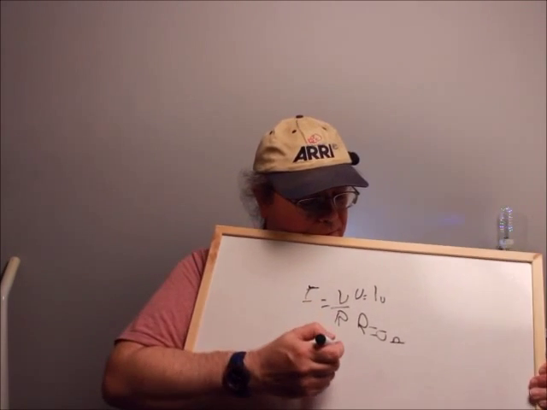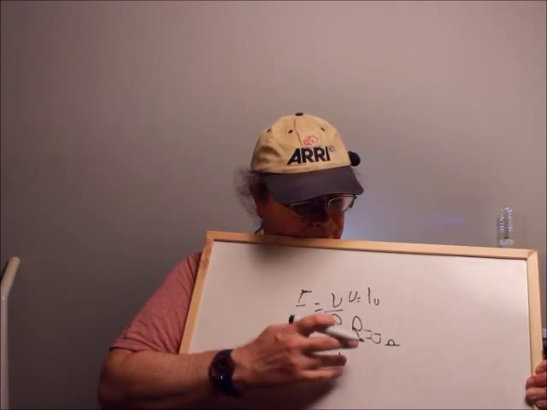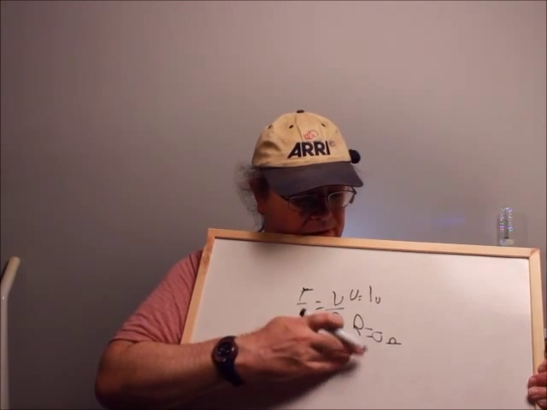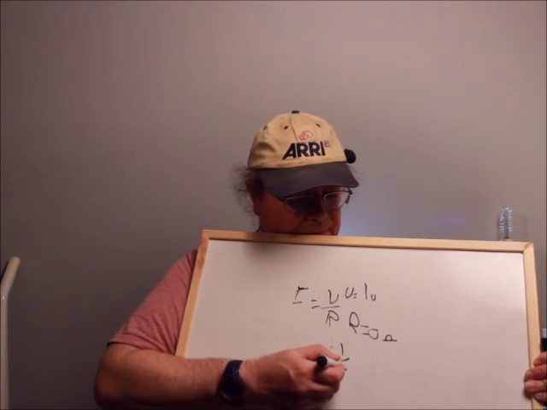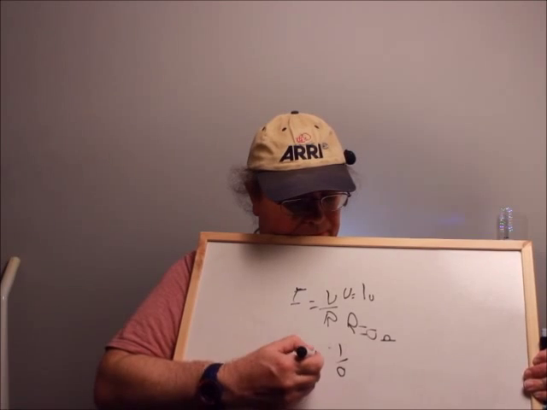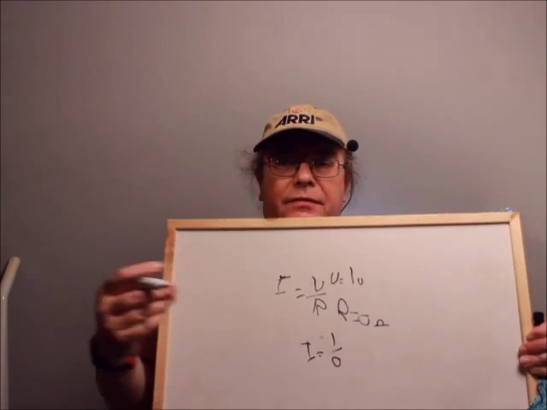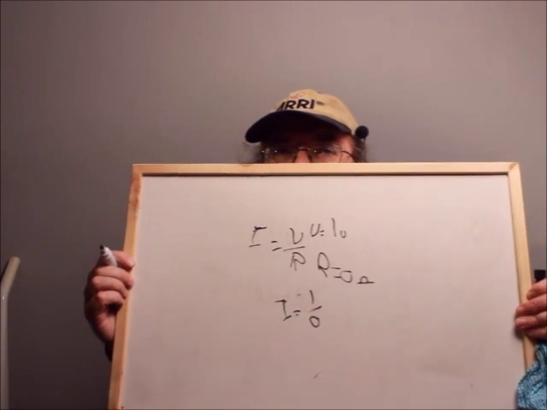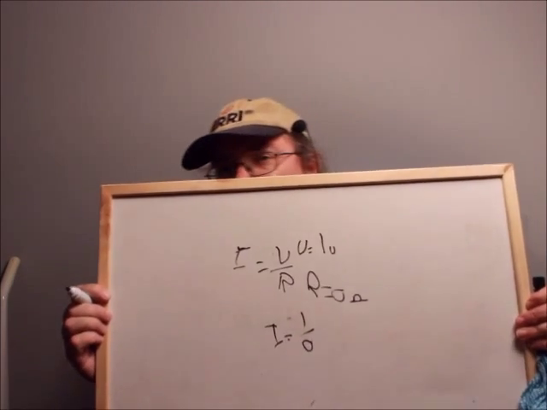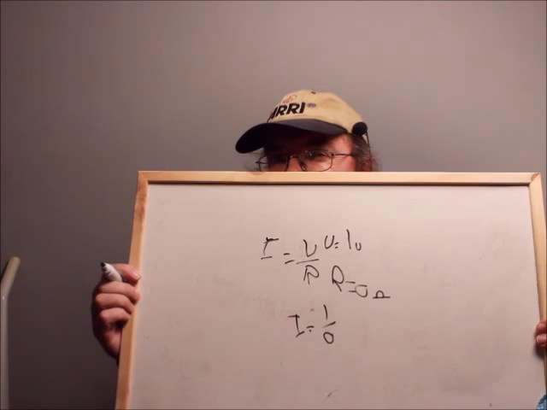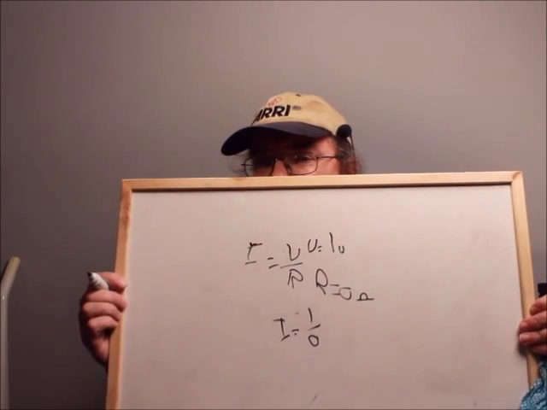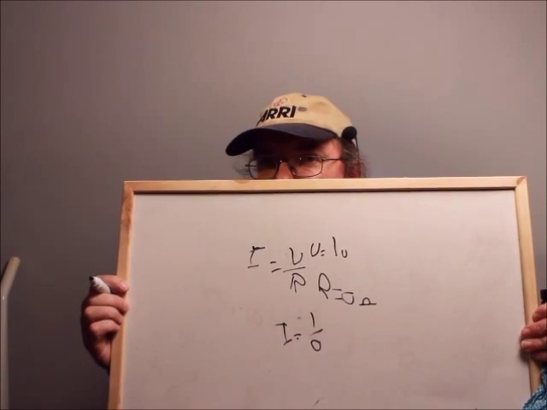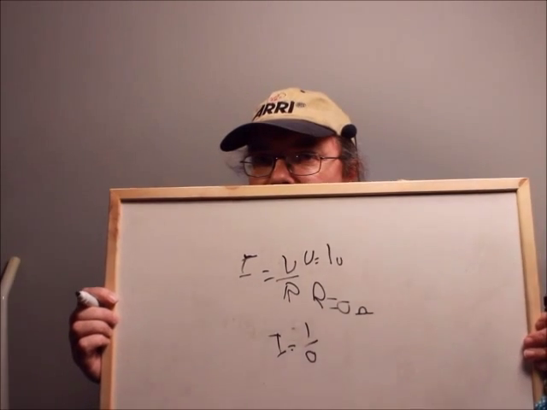What happens when we go 1, let's do continental ones, 1 divided by 0. I equals 1 divided by 0. How many times does 1 go into 0? There's a number file video that will tell you the way to do this. We don't have time. It keeps going into 0. It never stops going into 0.